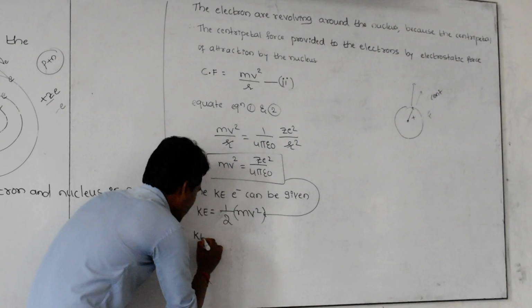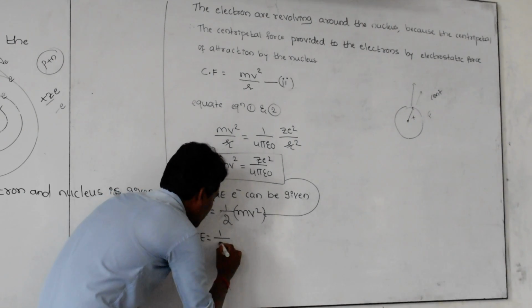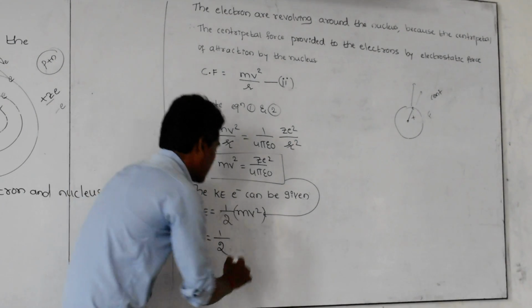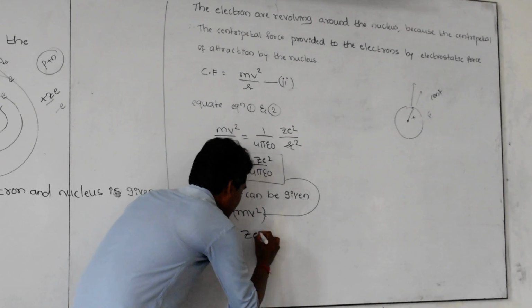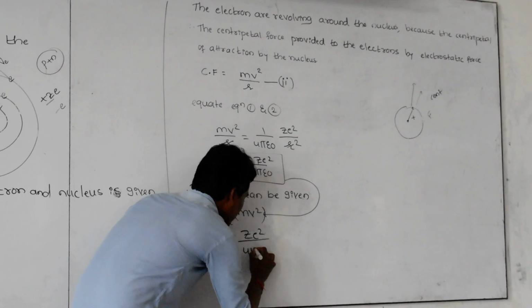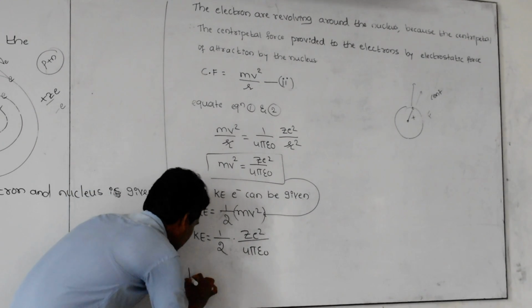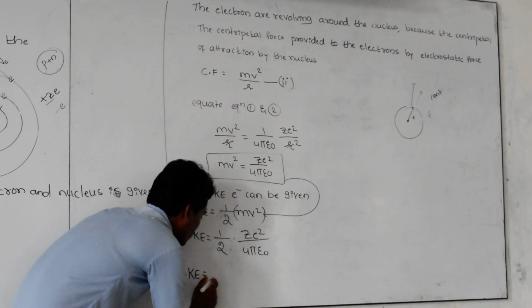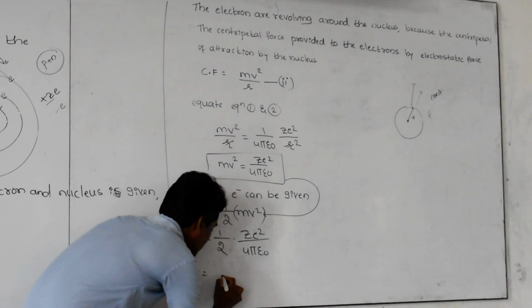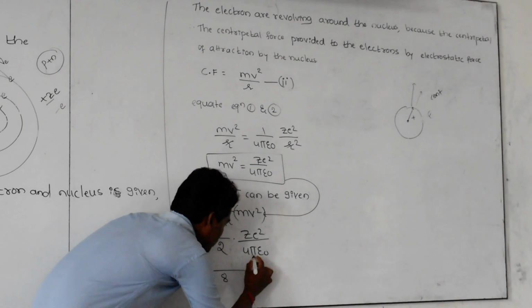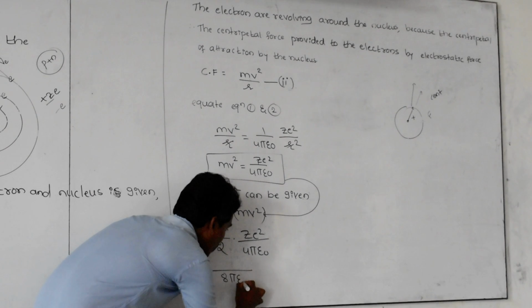Therefore kinetic energy becomes 1 by 2 as it is, and mv square can be written as Ze square divided by 4 pi epsilon naught. In the further step, kinetic energy is equal to Z e square divided by 2 into 4, that is 8 pi epsilon naught.